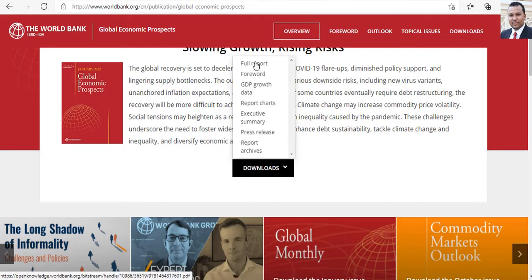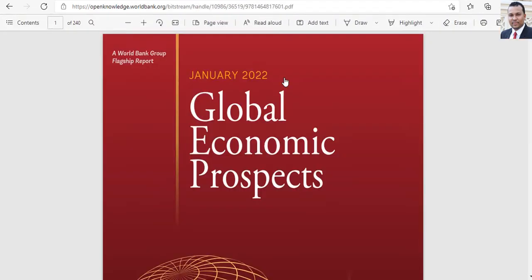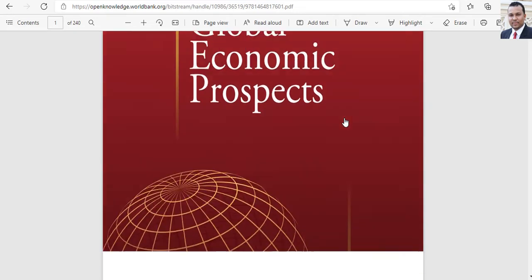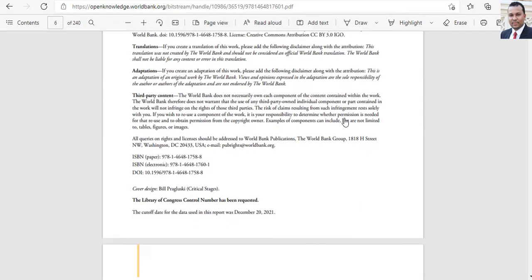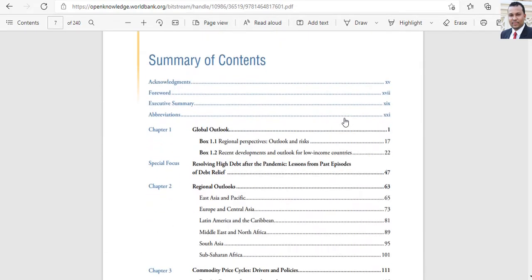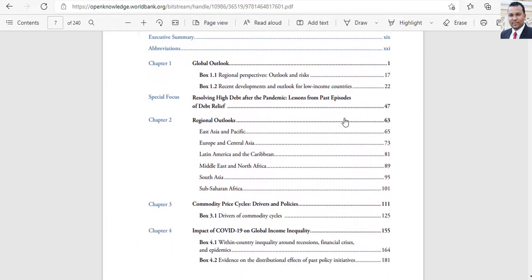Okay, if we select the full report, this is the report you can use in our graduation project in this section. Table of contents.